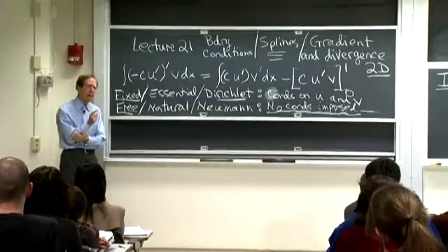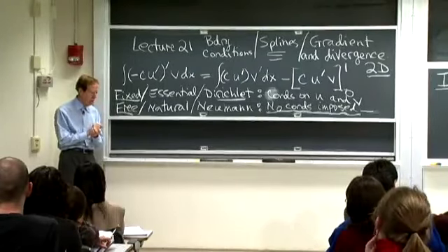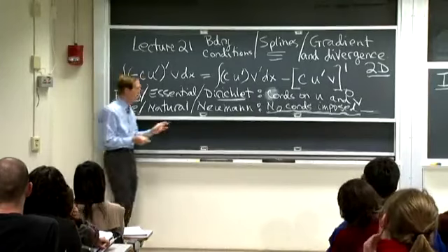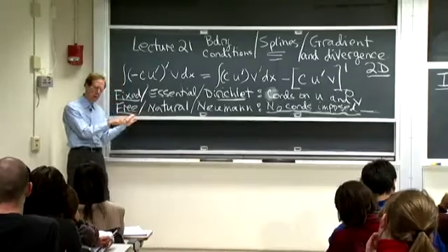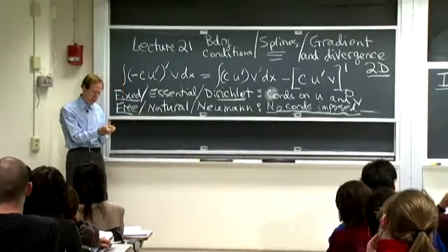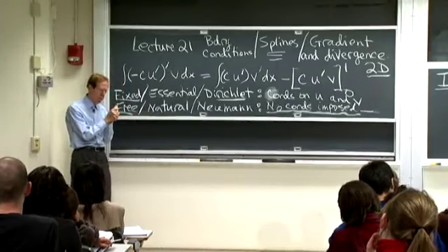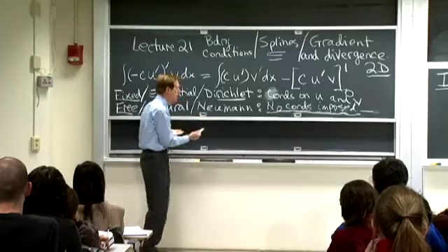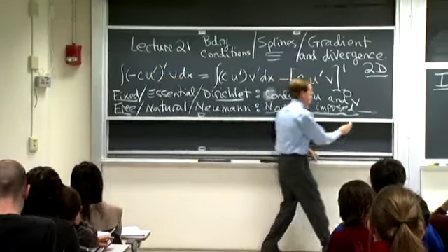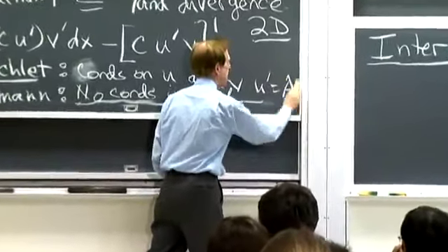Now, somebody asked on Wednesday a good question. Suppose Neumann, suppose u prime is given, but not given as 0. So suppose we have a condition like u prime equals a, let's say.